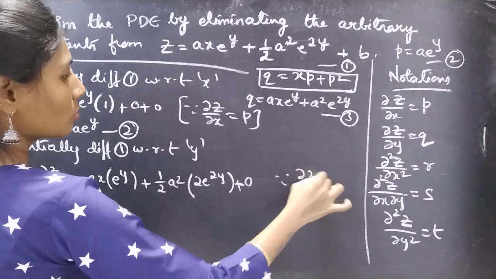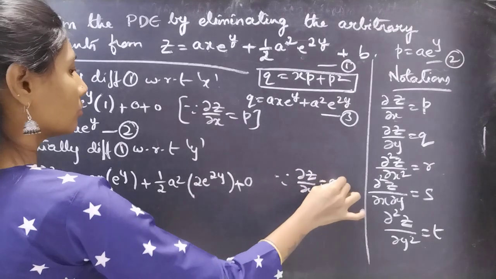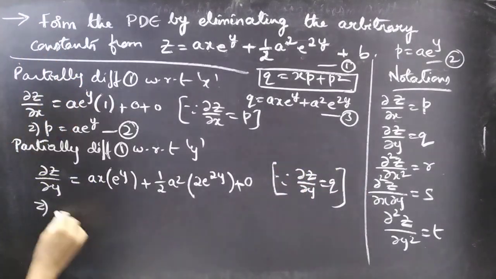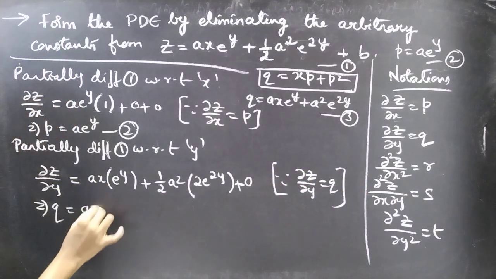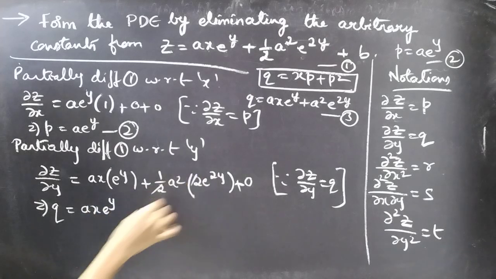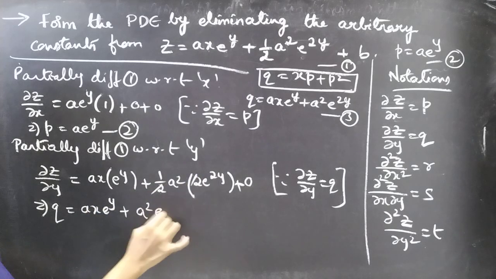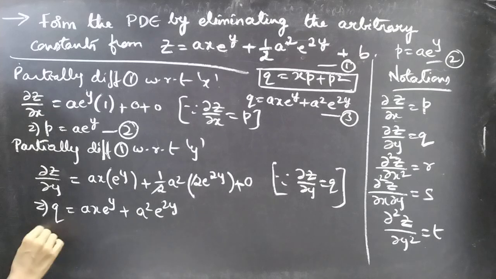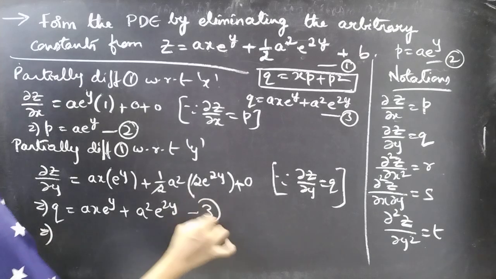We'll use the notation dou z by dou y equal to q. You'll get q equal to ax e power y plus a square e power 2y, right? Which is considered as equation 3.